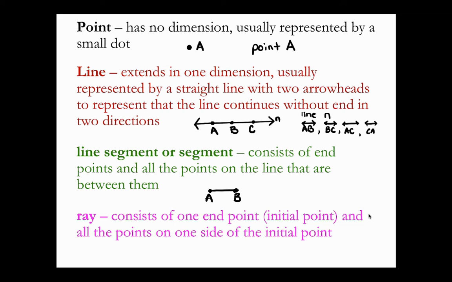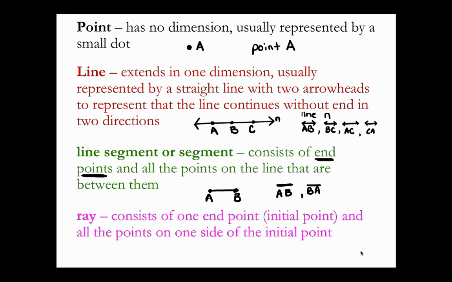When you want to name it using symbols, we use a bar with no arrows, and then you simply name the 2 endpoints. And it doesn't matter whether you go from left to right or right to left, it's the same segment. So a line has arrows, a segment has endpoints. Both of them use 2 points to name it. It can be any 2 points for the line, but it is the endpoints for the segment. So the key to this is we have endpoints. So it has a definite ending on each side.